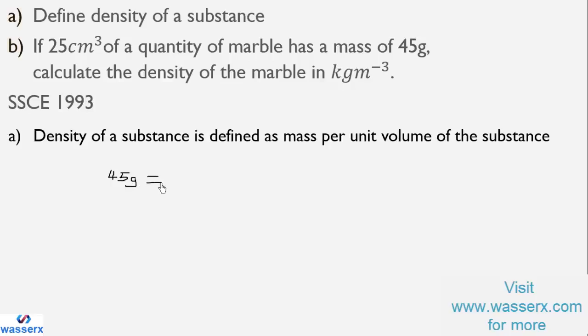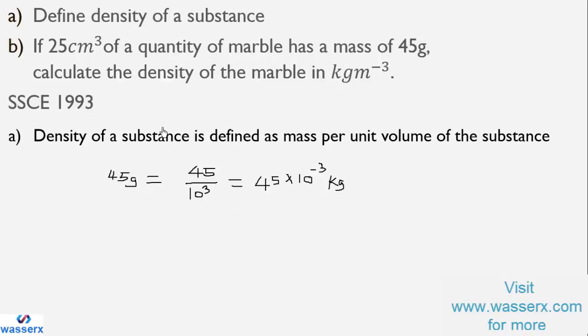So 45 grams is equal to 45 over 1000, which is 10 cubed, and that will give us 45 times 10 exponent negative 3 kilograms.